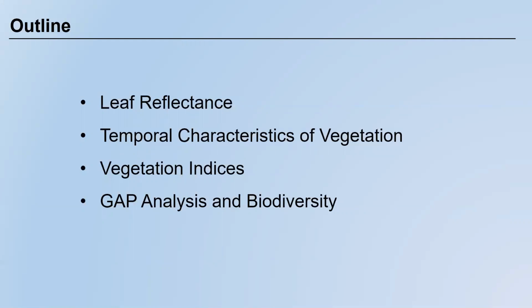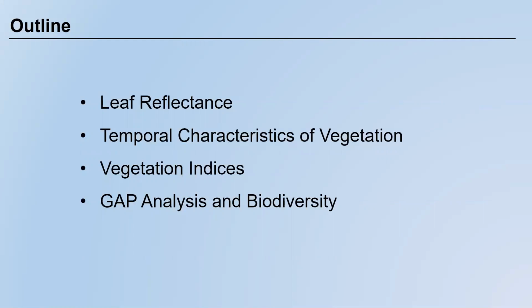And then I'm going to talk about temporal characteristics of vegetation, because different crops, different types of vegetation, have different life cycles, and their reflectance spectrum changes by time due to different life cycles.